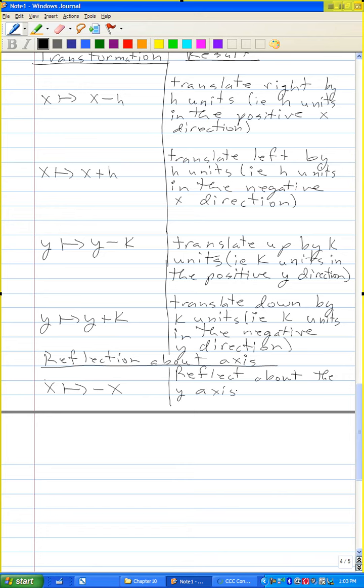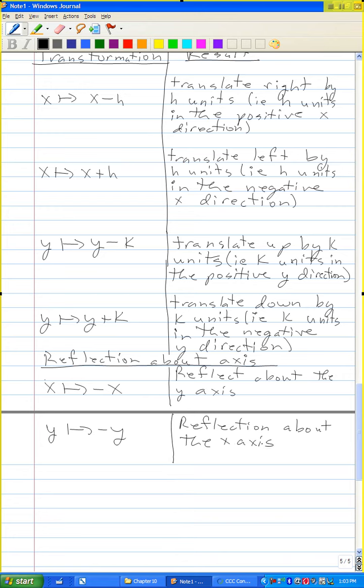So if you replace x by negative x and you look at the graph of y equaling f of negative x, then you just reflect the graph of y equaling f of x about the y-axis. Next, if you replace y by negative y, then you just reflect the graph of y equal f of x about the x-axis.